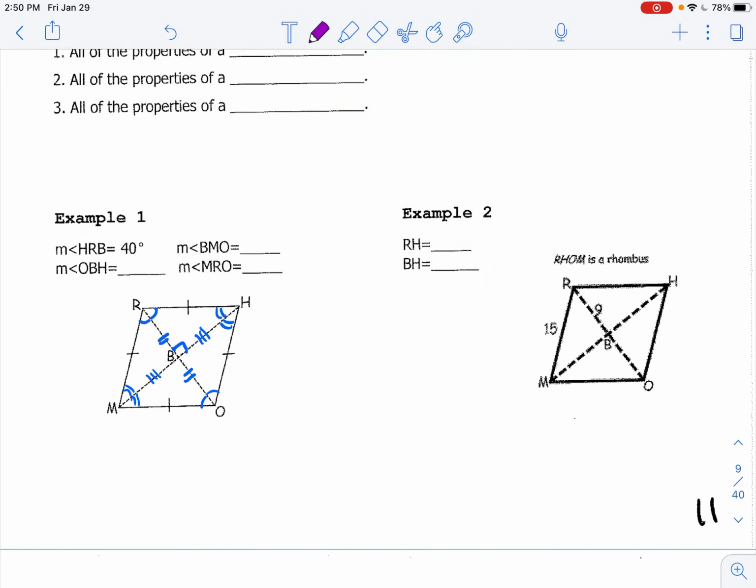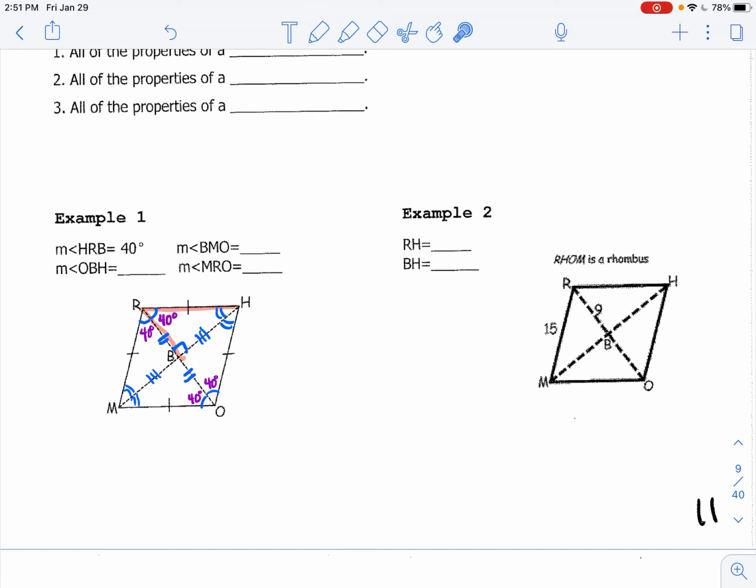We know that the measure of HRB is 40. So HRB, that is this angle here, H to R to B. So that's going to be this angle right here, and that's 40. Well, that means this guy is also 40, and this guy is 40, and this guy is 40. Okay?